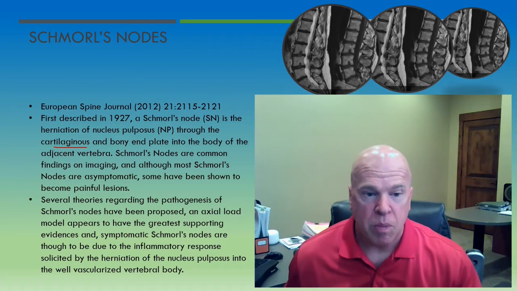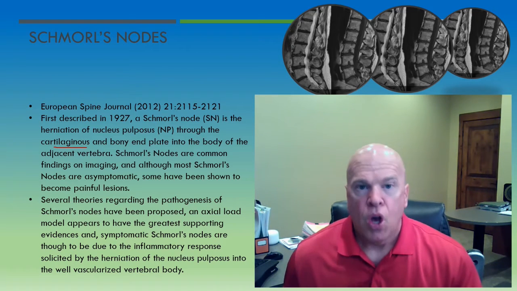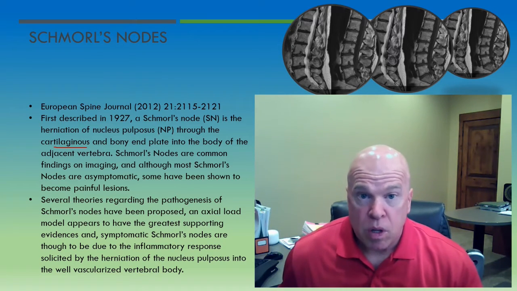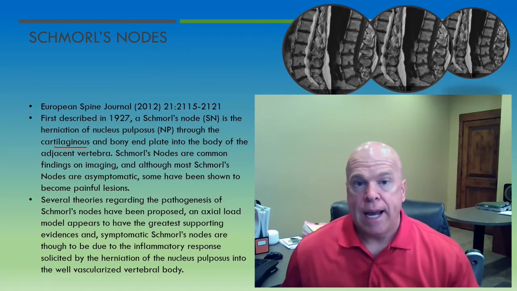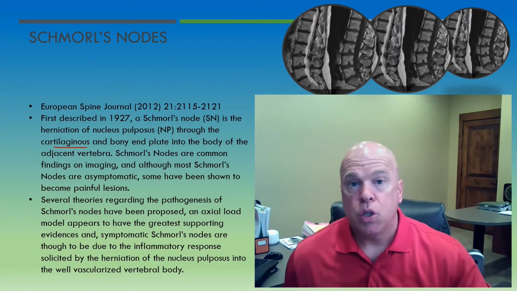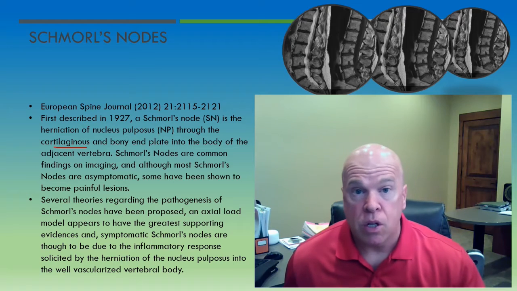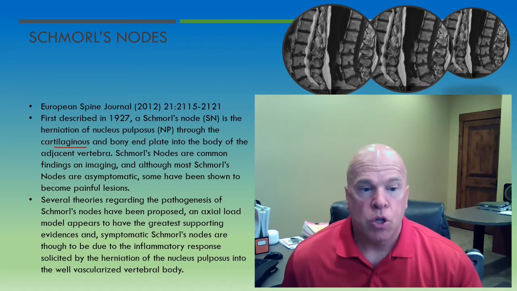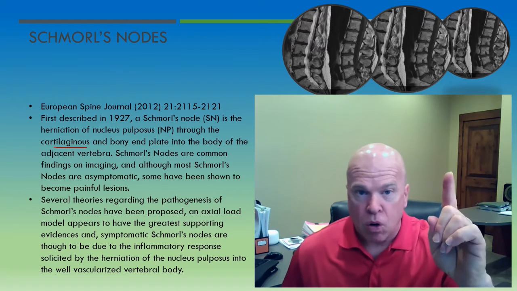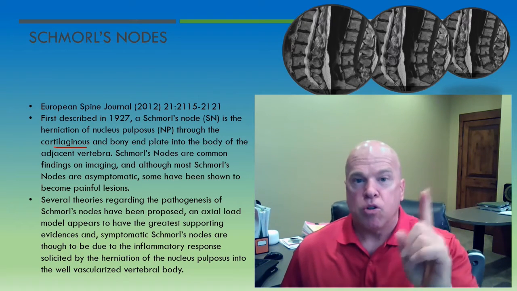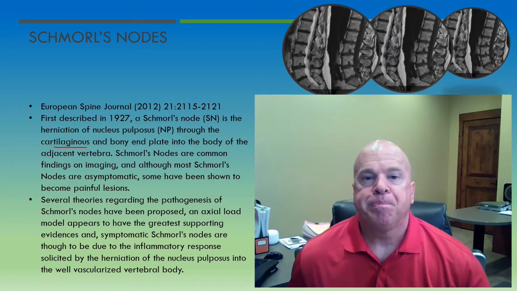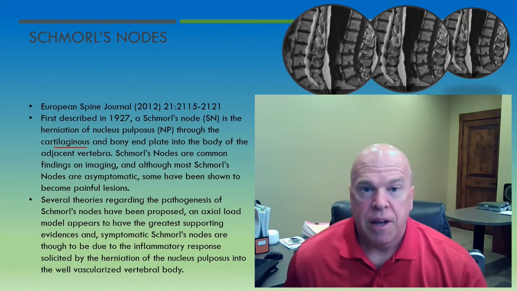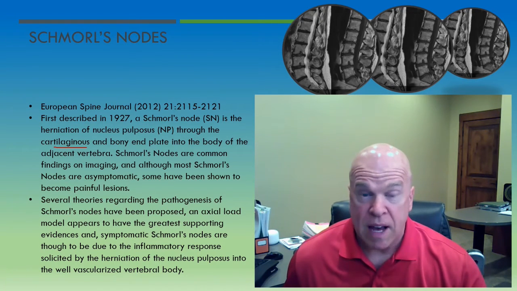Now this is interesting because we're well familiar with intervertebral discs herniating horizontally into the spinal canal or into the neuroforamen. Those are horizontal herniations. With a Schmorl's node, we have a vertical, either superior or inferior herniation of the intervertebral disc. So fascinating.